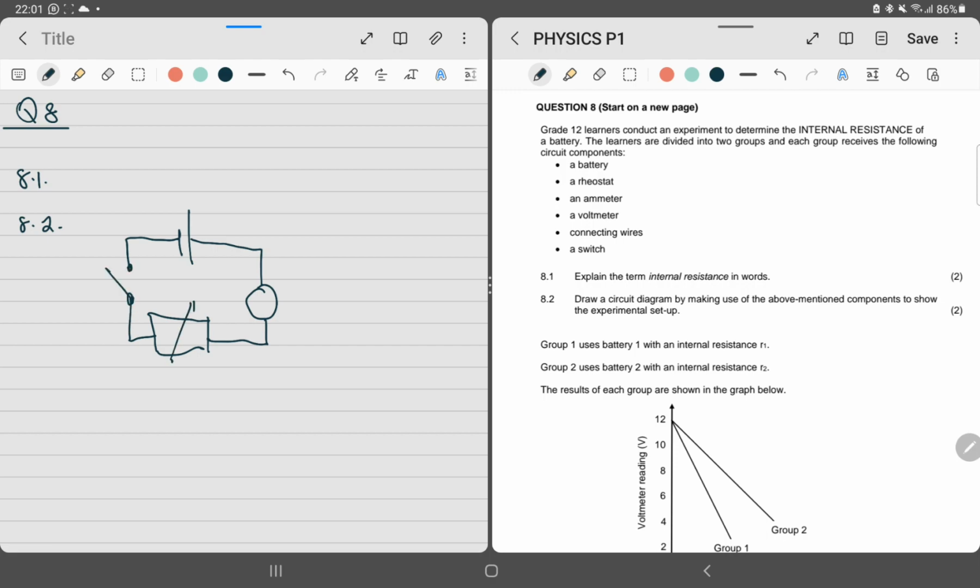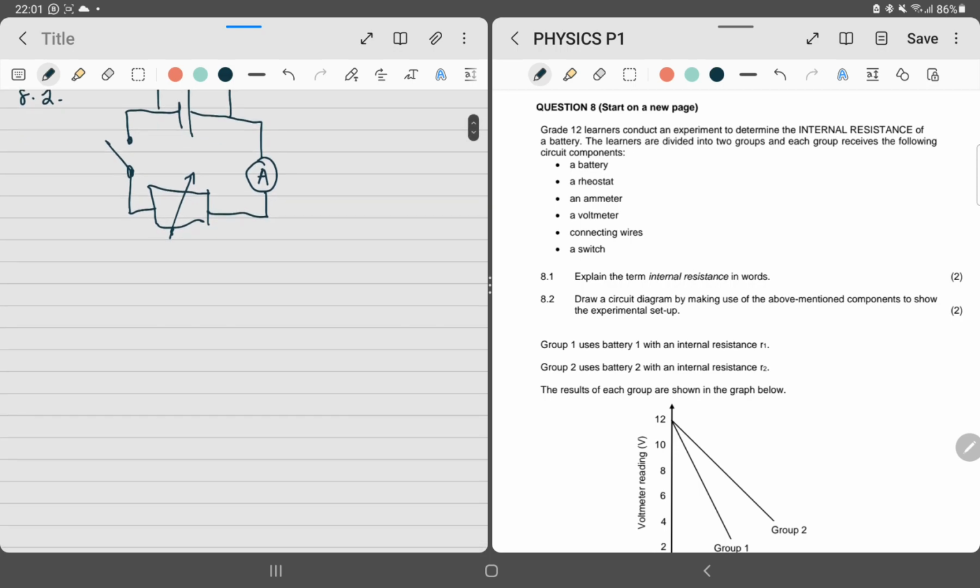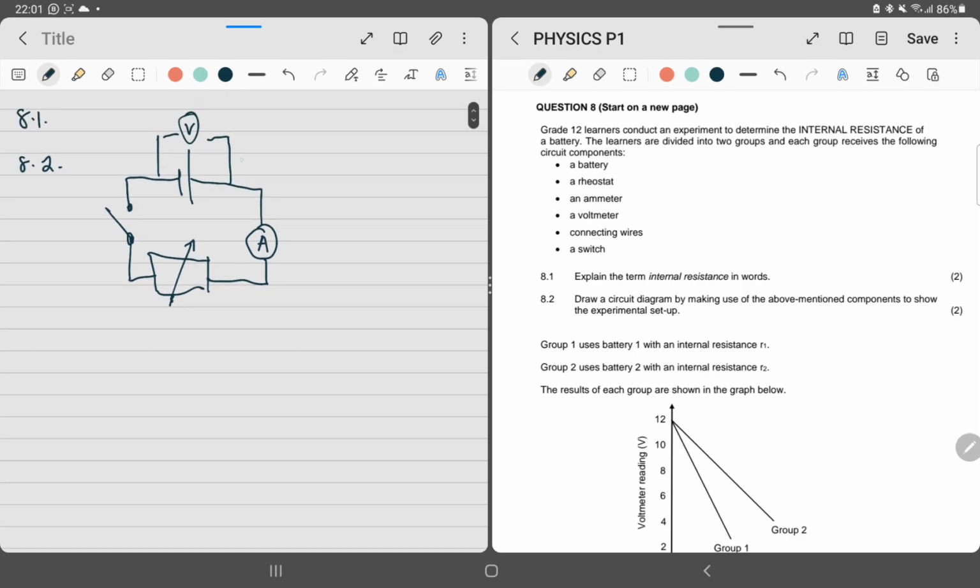So a rheostat has that, and then an ammeter, and then a voltmeter across the ends of the battery. So that should be your setup. The battery is there, a rheostat is there, voltmeter we do have, connecting wires, and a switch.